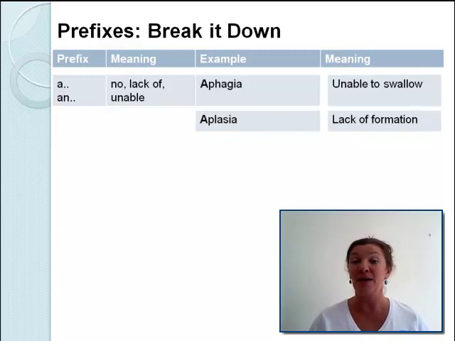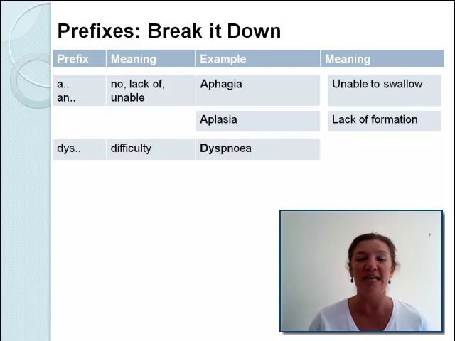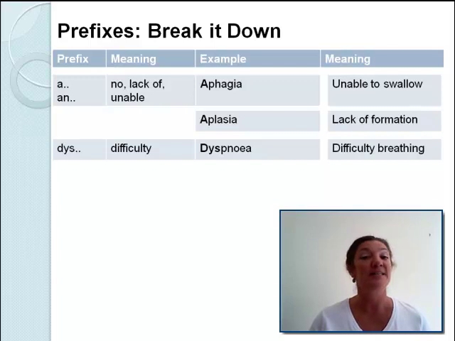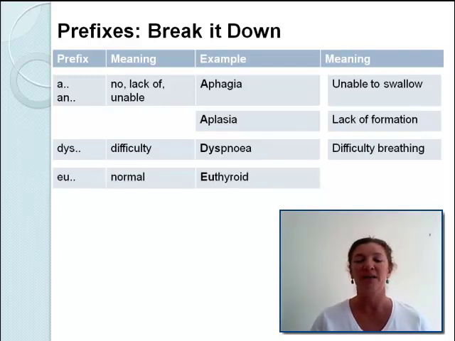So aplasia implies no formation or a lack of formation, something isn't forming. Dys is difficulty, a patient may have dyspnea. Difficulty breathing, pnea was breathing. U at the front of a word means normal, so a patient may have some thyroid function tests and they come back as being euthyroid. They have a normal thyroid.